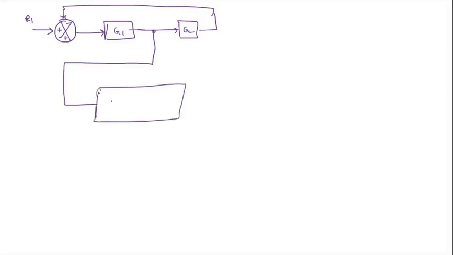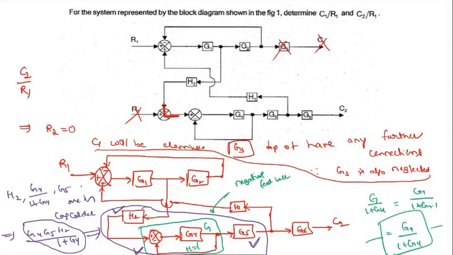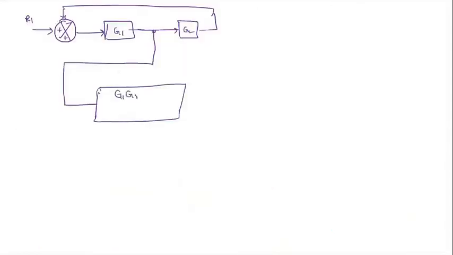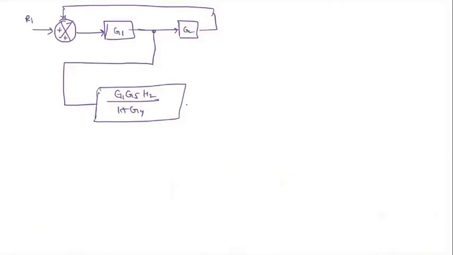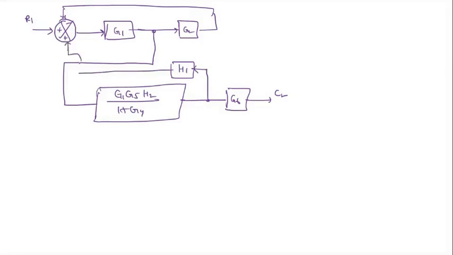That value will be replaced by G4, G5, H2 by 1 plus G4. Okay. After this, G6, which is connected to C2. Now in between this, there is one junction point, which is having some H1, which is connected to the summing point, like this. Okay, this is the diagram. This is the equivalent diagram.